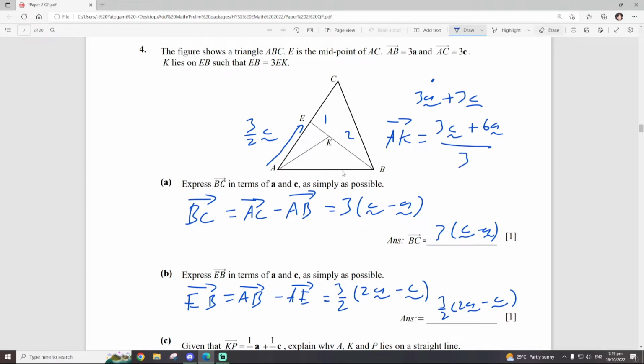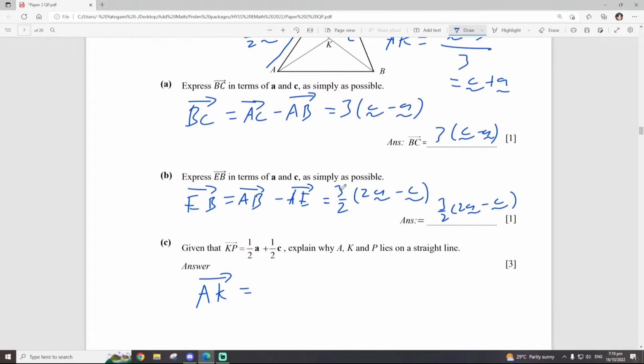Wait, sorry, it's the other way around, it's 3. Because this one is 1, so this is actually C plus A by the ratio theorem. And AK is A plus C by the ratio theorem.